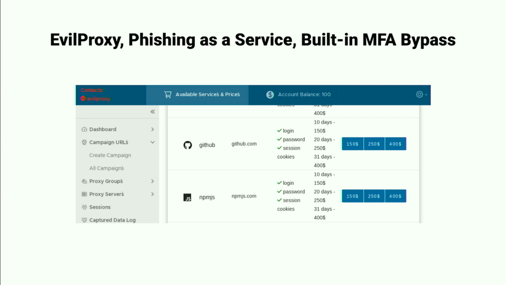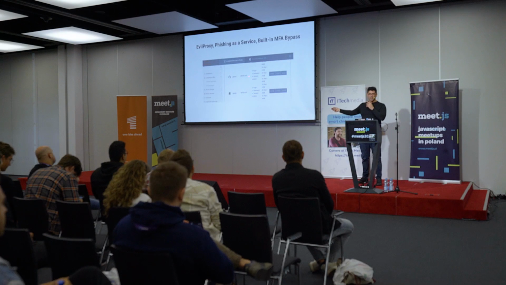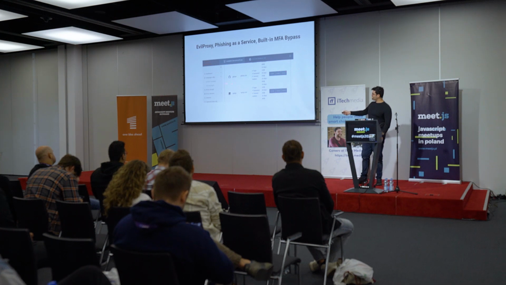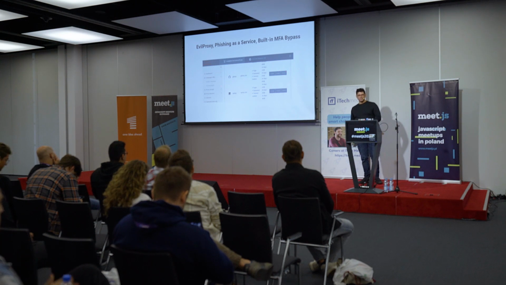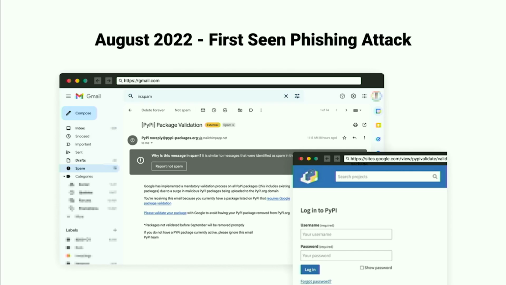Even though they force users to enroll into two-factor, this is something we saw 2 weeks ago: phishing as a service capable of bypassing MFA. And the attackers are listing here services like GitHub, NPM, PyPI. And we saw that exploited last month. If someone reads the security reports, the first seen phishing attack against PyPI users.